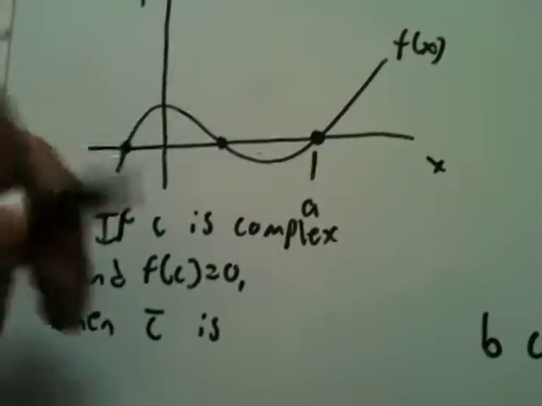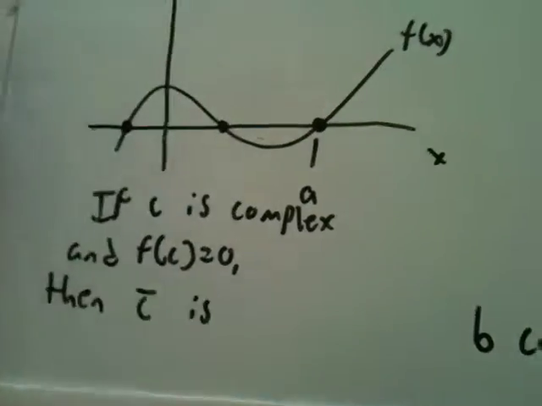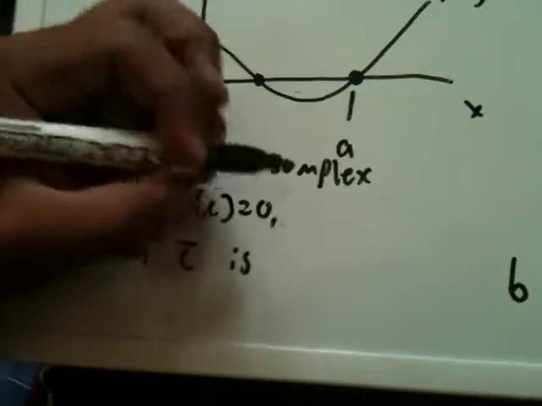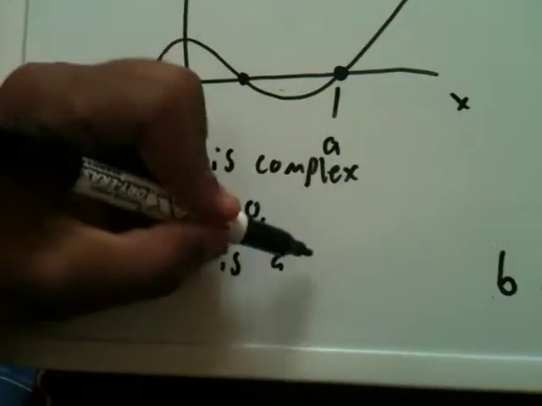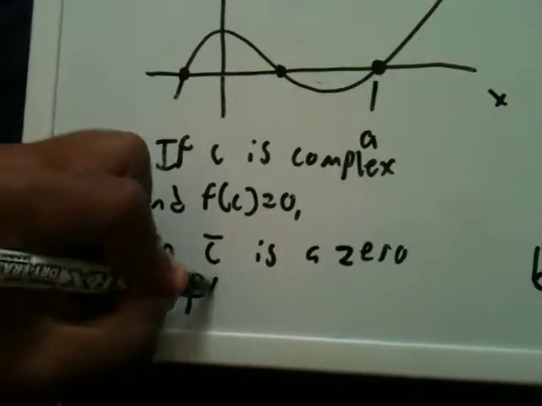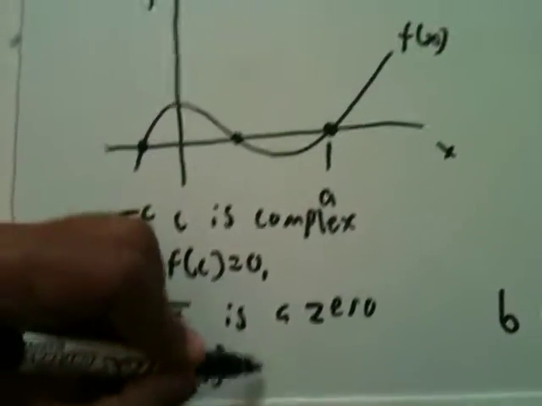Oh man, that's really bad. I dropped my marker. You can really tell I'm kind of doing this with one hand if you haven't noticed. Then the conjugate of c, or c bar, is a zero, which means f of c bar is 0.